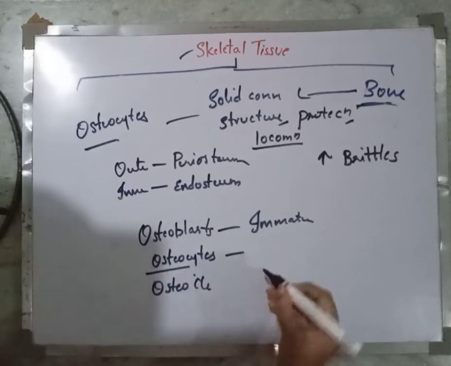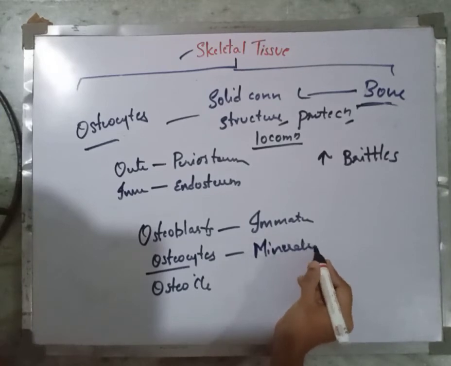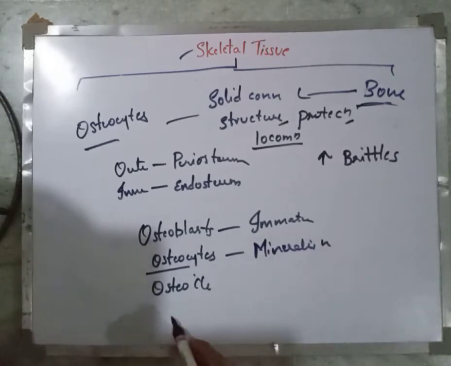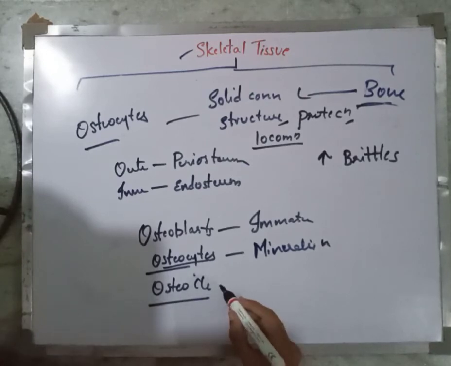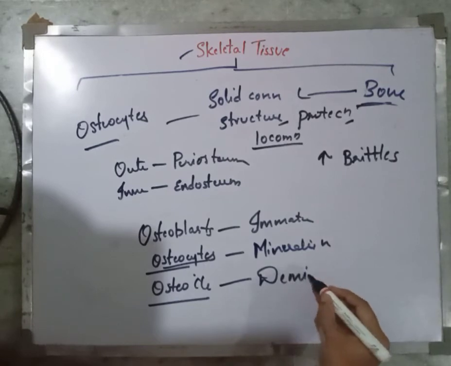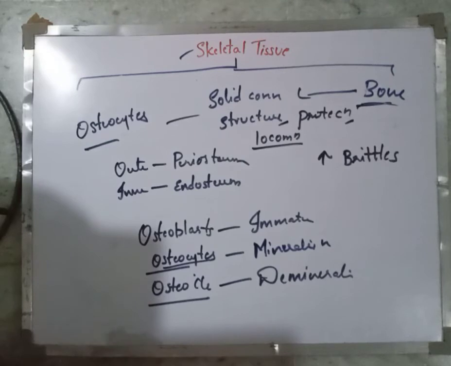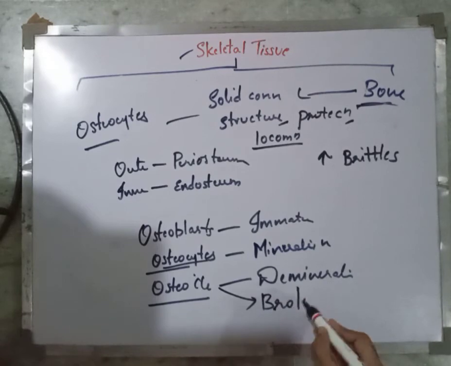These osteocytes are useful for the mineralization of the bone, so increasing the bone composition, and the osteocytes further mature into osteoclasts, and these are useful in the demineralization of the bone. Demineralization means the bone becomes brittle and has more chances of getting broken. So these are the three types of cells that are present in the bone.